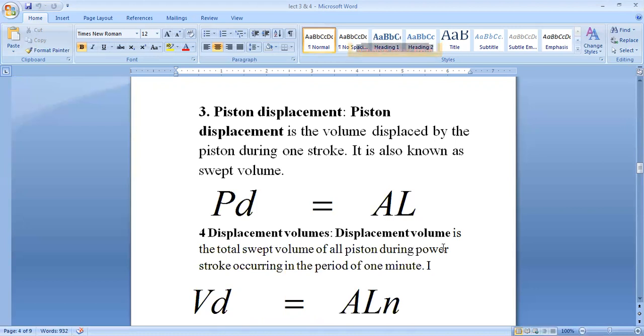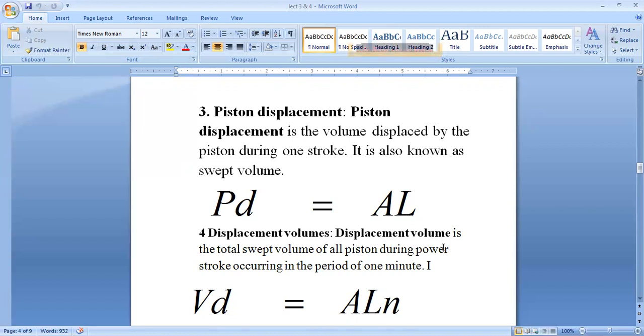of stroke. Okay. Now the fourth term is the displacement volume. Displacement volume is the total swept volume of all pistons during the power stroke occurring in the period of 1 minute. We denote displacement volume as Vd, in cubic centimeter.